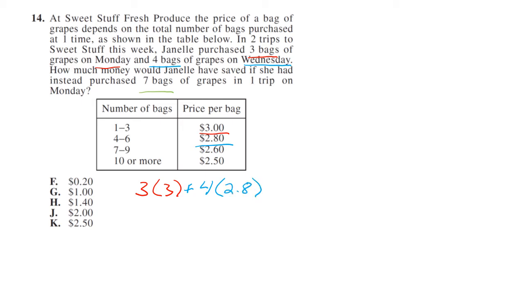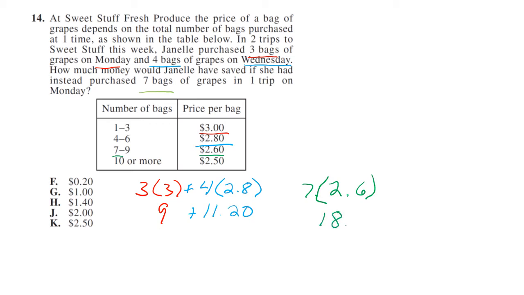We can just figure that out, so it's going to be 9 plus $11.20. And then if she'd purchased all 7 at once, she would have only spent 7 times $2.60. So 7 times 2.6, and that is 18.2.